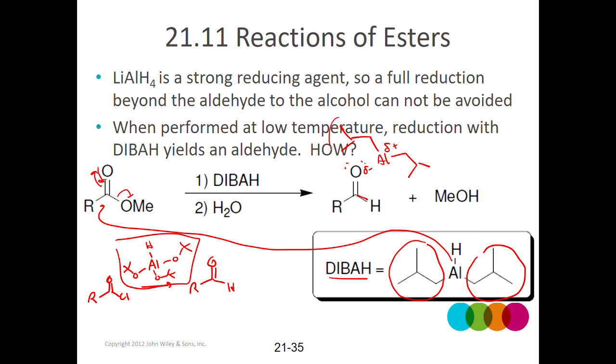And it will be bulky enough, and this one will be bulky enough, where it won't be able to deliver another hydride into the carbonyl and further reduce it. So you can form an acid chloride into an aldehyde using this bulky aluminum hydride reagent, and you can usually form an ester into an aldehyde using this other bulky aluminum hydride reagent.